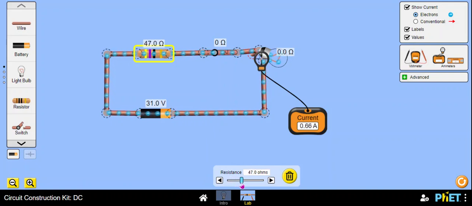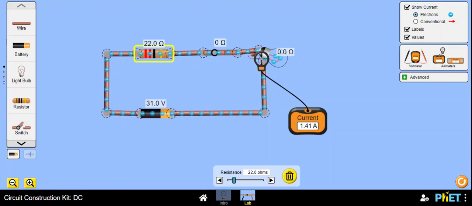You can see that there's a drop as I increase the resistor. The current in the circuit drops, and you can see the flow of the electrons gradually slowing down. If I reduce it, however, see, it starts increasing. So does that answer the question?